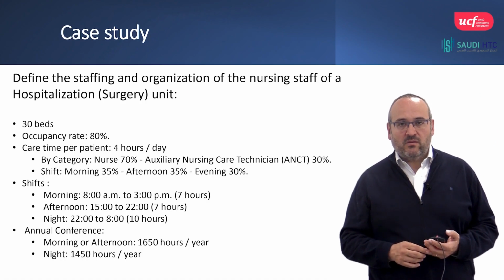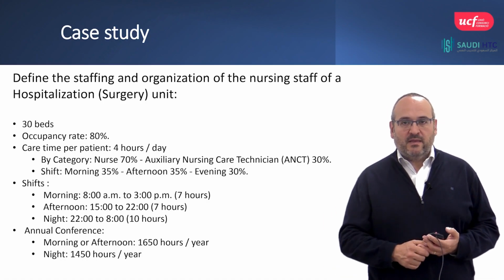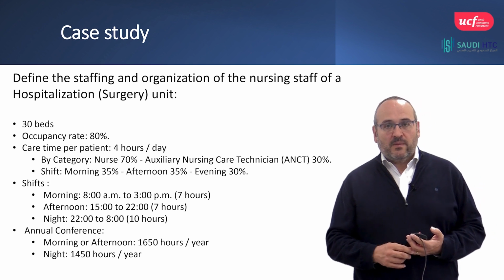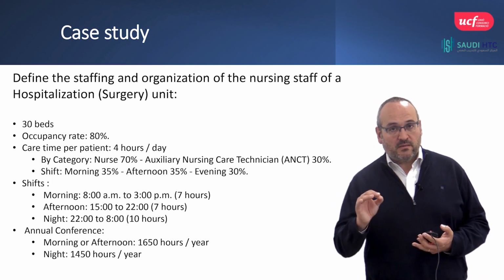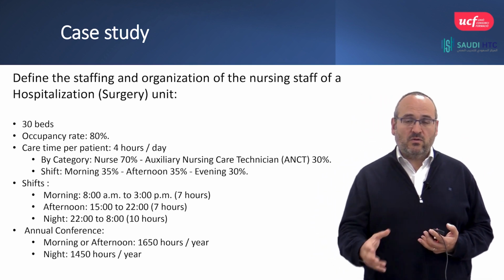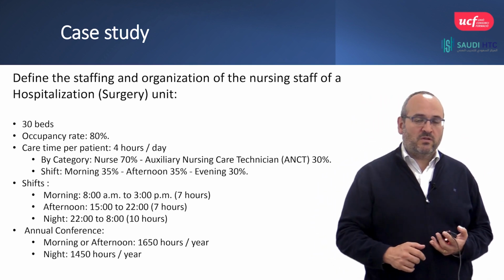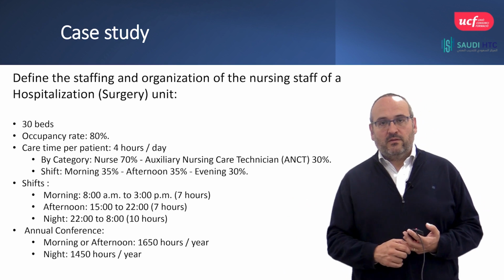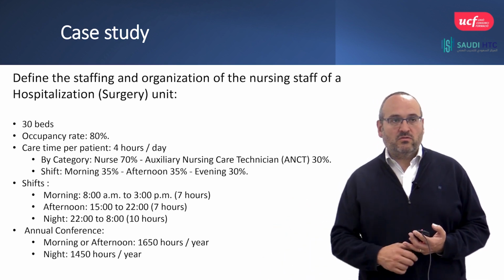In this case, it has been considered that the amount of work of the nursing team for each patient is 4 hours per day, 70% of this being the nurse's responsibility, and 30% being the auxiliary nursing care technician's work.